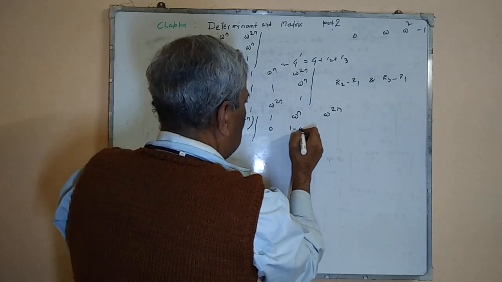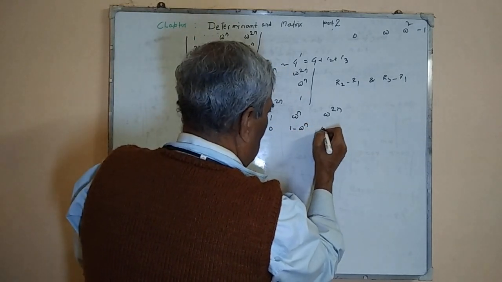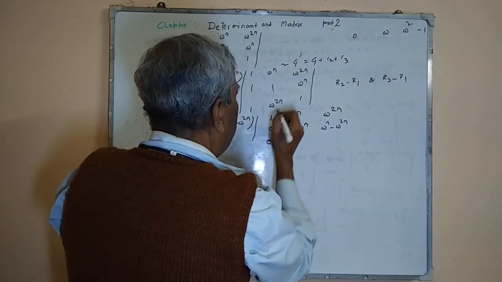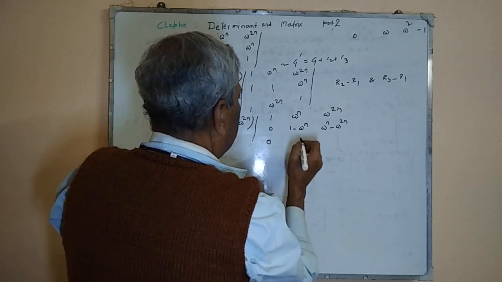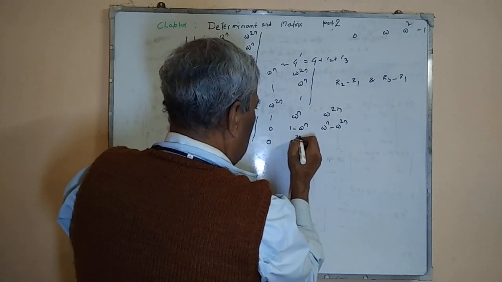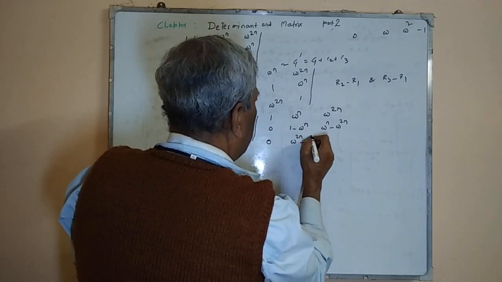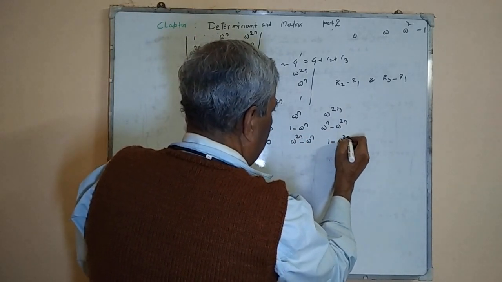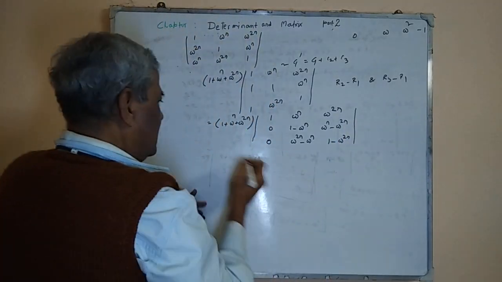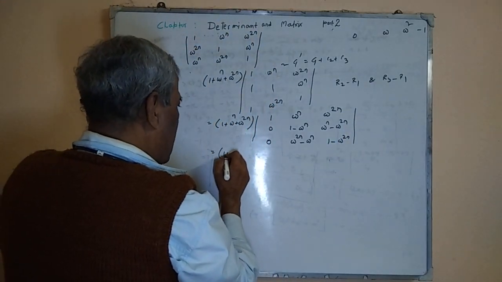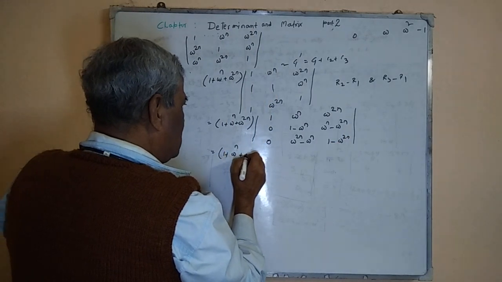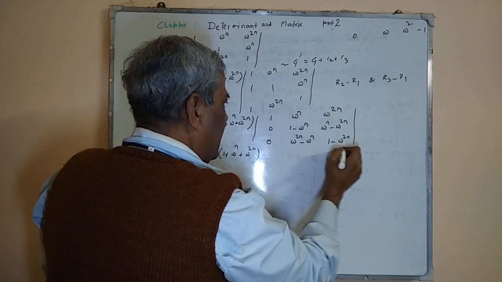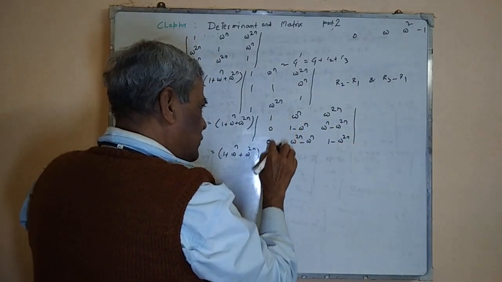It is 1 minus omega to the power n. This is omega to the power n minus omega to the power 2n. Then 0, omega to the power 2n minus omega to the power n, and 1 minus omega to the power 2n. This is equal to 1 plus omega to the power n plus omega to the power 2n into this determinant, because it is 1, 0, 0.